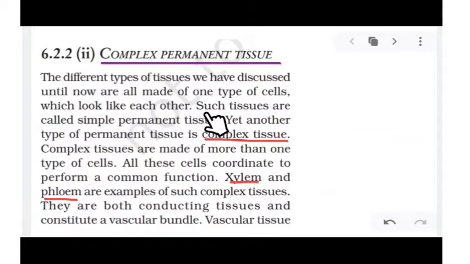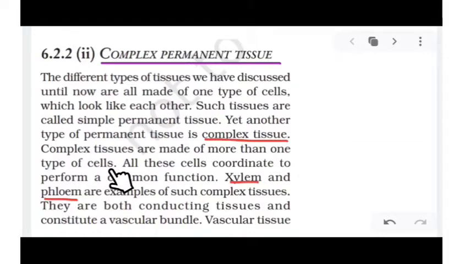They are all simple. Such tissues are called simple permanent tissues, isn't it? But yet another type of permanent tissue is called the complex permanent tissues. Now complex tissues are made up of more than one type of cells.